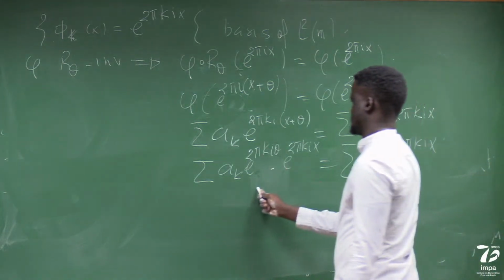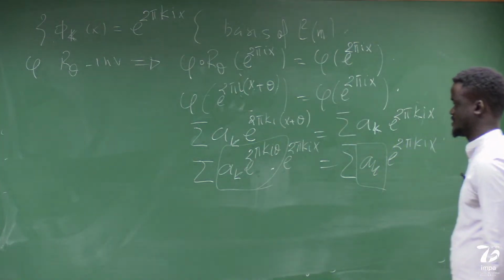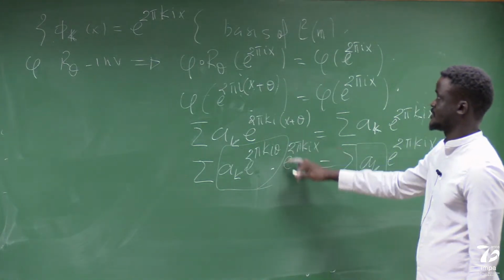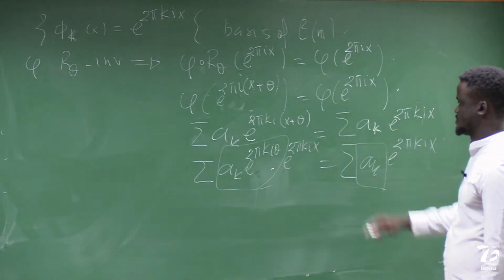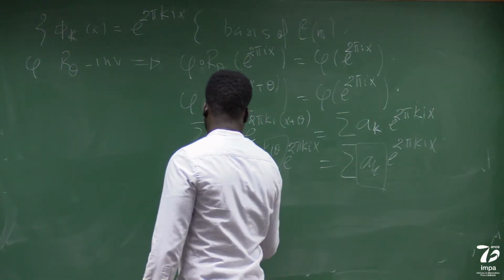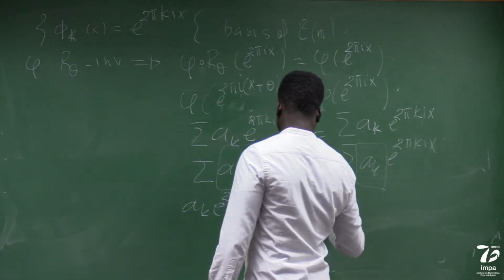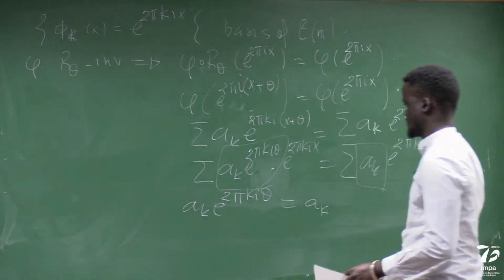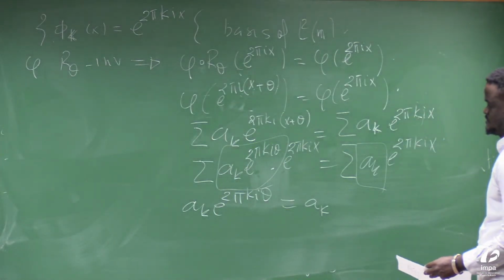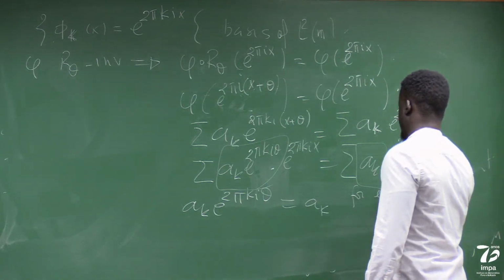So this guy should be the same as this guy, because this is the basis of L2. So you have a_k e^(2 pi i k theta) equals a_k, for every k.